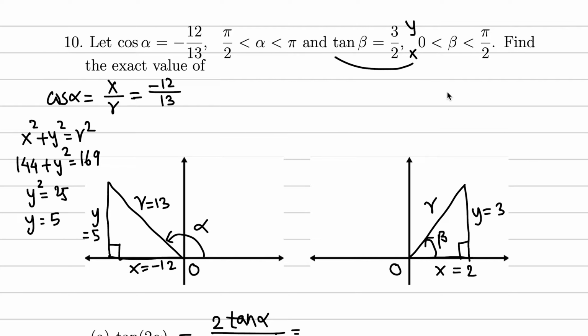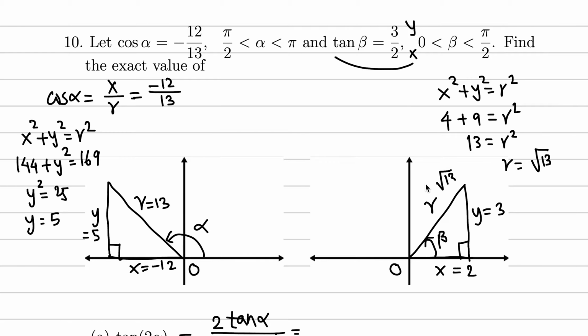Now missing r. X squared plus y squared equals r squared. X is 2 squared, 4, plus 9, r squared, that's 13. Take the square root of both sides, plus or minus square root of 13, but this r is always positive. In the first quadrant everything is positive, so root 13. Now we have all three sides for angle beta, so we can find any trig function.